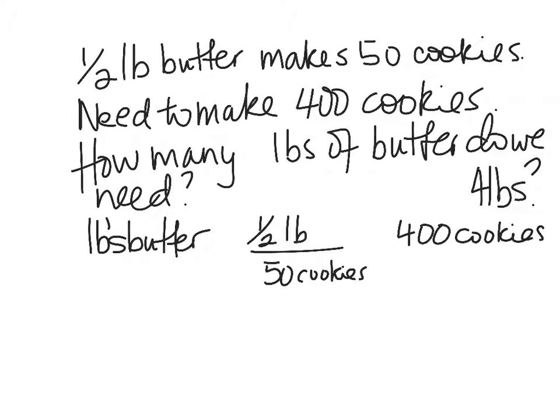If we want our answer to be pounds, you're going to find whatever relationship has pounds in it, and then make sure pounds is on top. So do we have that in the next two values?